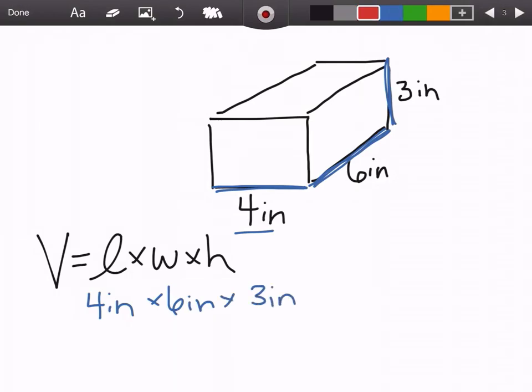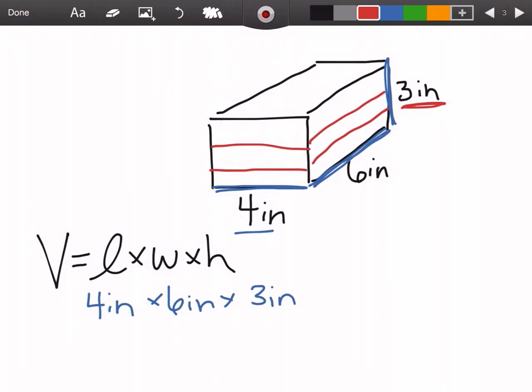Now what this is really showing us is, if I were to divide this into little boxes, this is almost like 3 layers, because it's 3 inches tall, 3 layers that are each 1 inch tall.